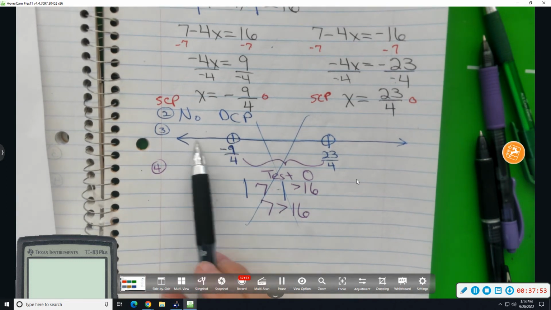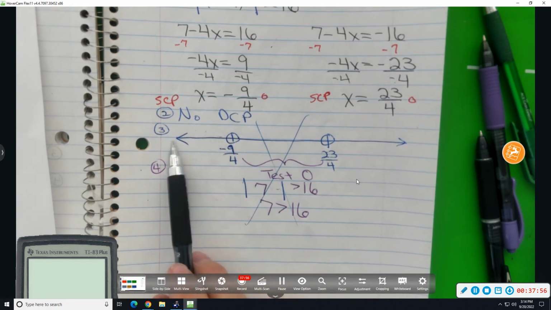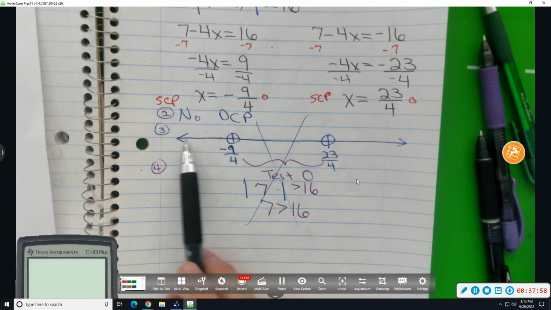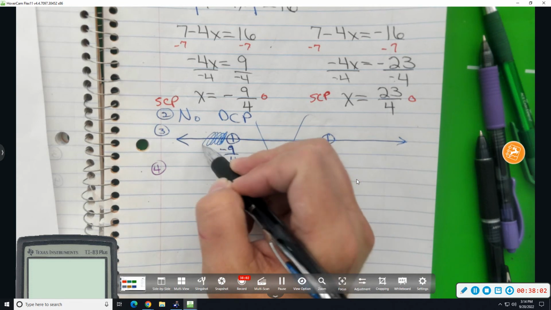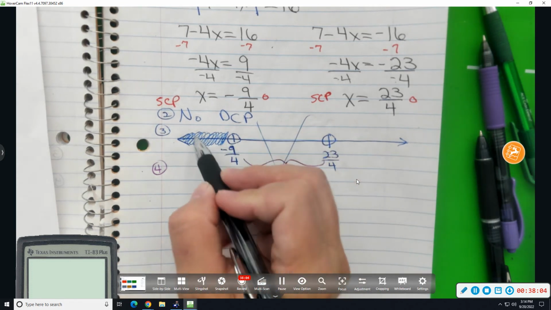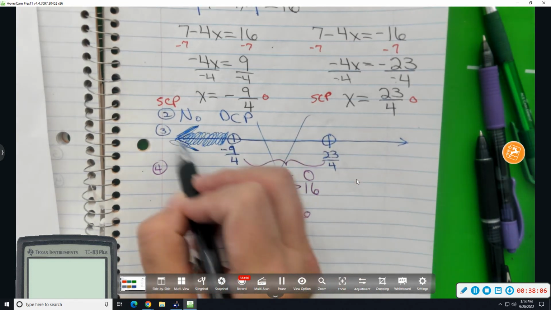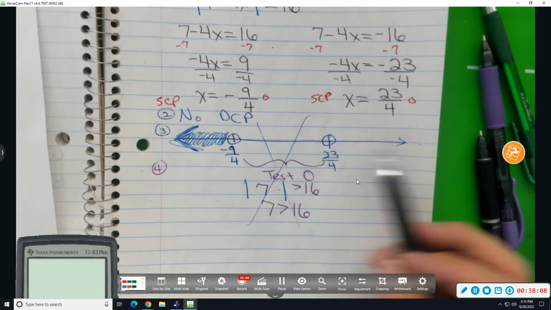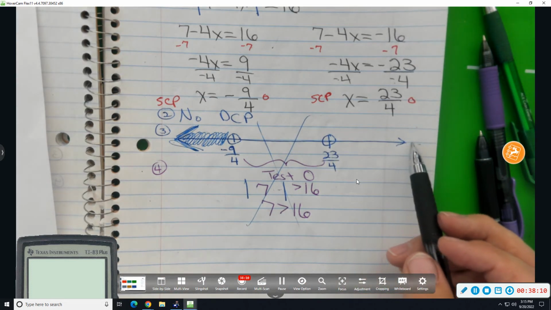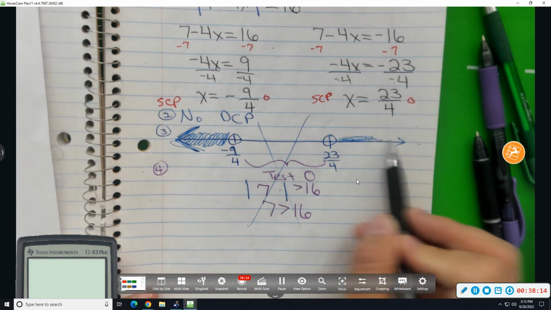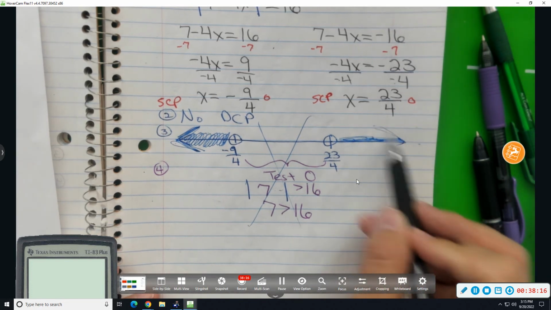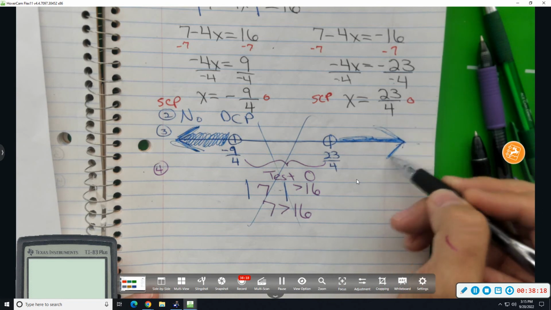What would we assume if we had tested something like negative 10 or negative 50 million? It would have been true. What about this interval here? True or false? Shade or cross out? True. True again. Any questions on my logic there?